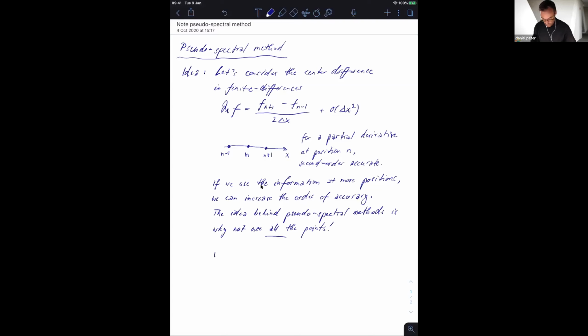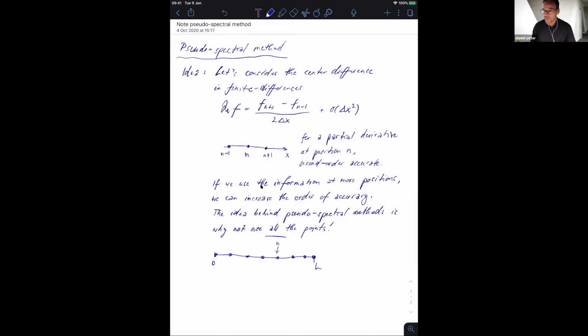So now we basically have some domain 0 to L, which we discretize with points. And for some position N, we basically want to use all the other point information.